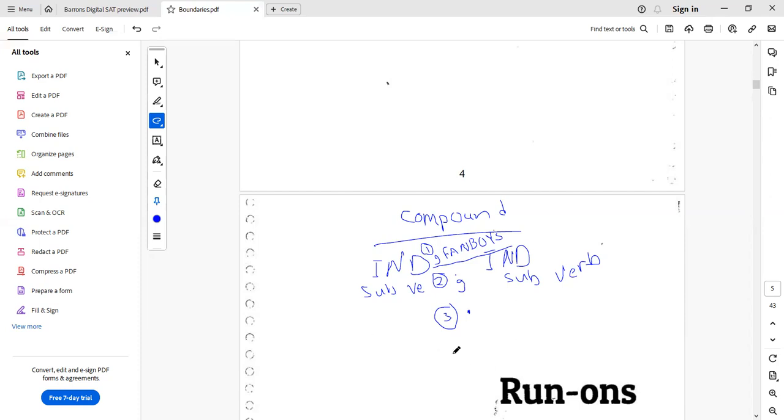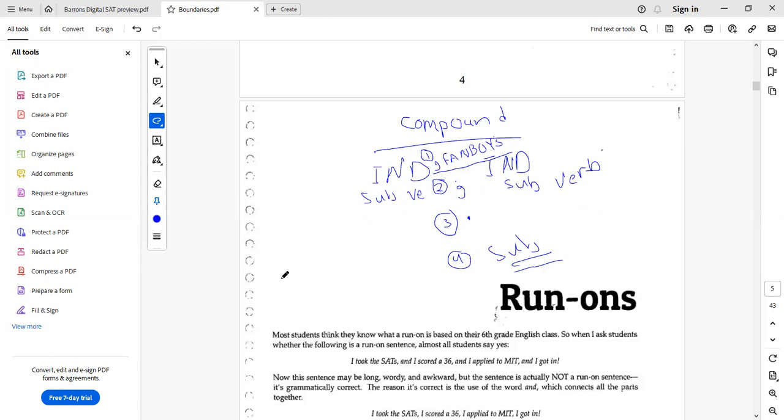The fourth case is to change one of them to be subordinate. Change one of them only, because the subordinate can't stand alone; it needs an independent. Okay, give me an example.